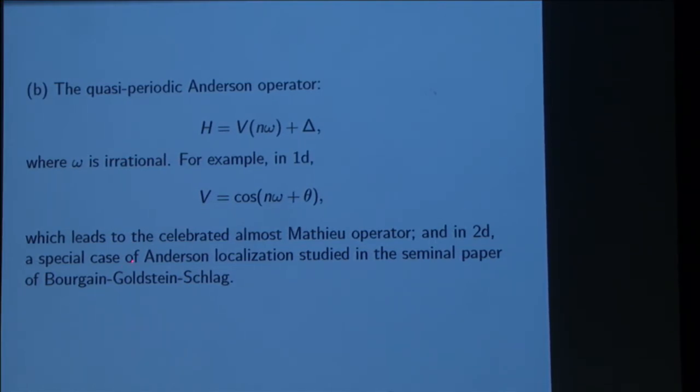And in 2D, this is a special case of Anderson localization studied in the seminal paper of Bourgain, Goldstein, and Schlag, on Z^2. It also uses Anderson localization methods and harmonic analysis. It's not a dynamical systems method. So these are the two examples of Anderson models.